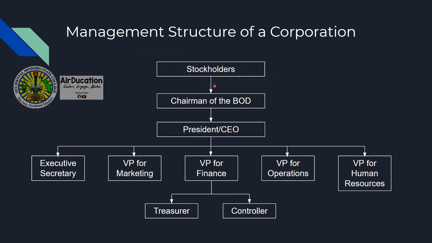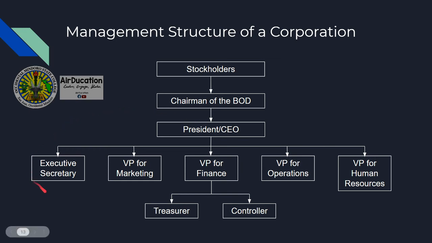Under the stockholders, of course, are people who manage the business and are part of the so-called board of directors. Chairman of the board of directors, and under that is the president or CEO. And under the president and CEO, there are different unit heads.